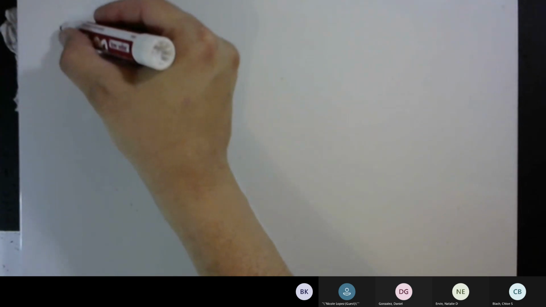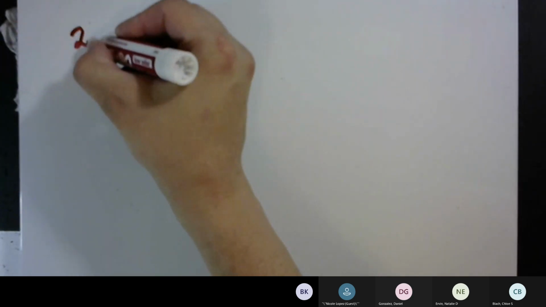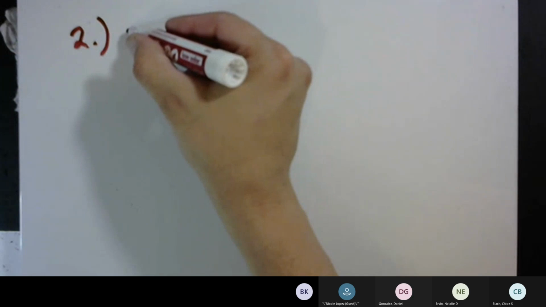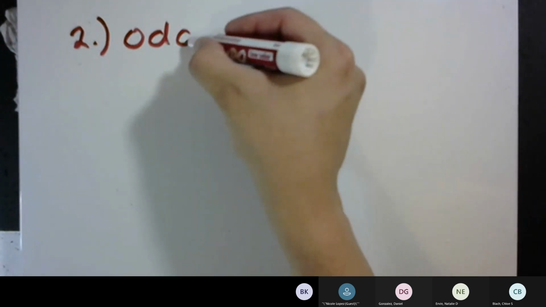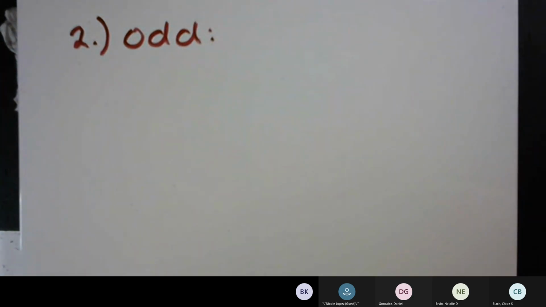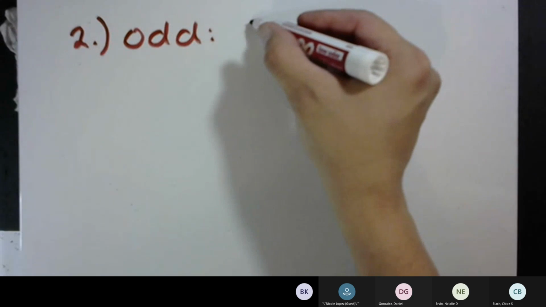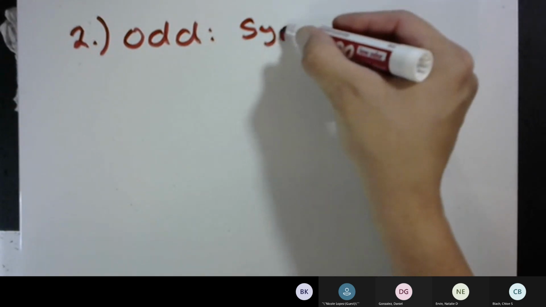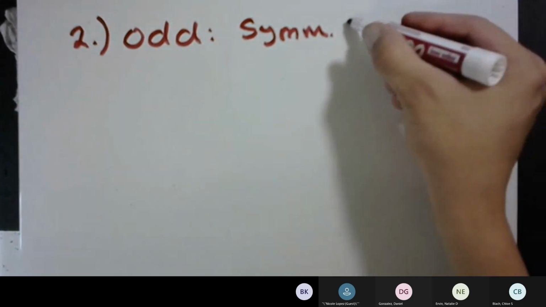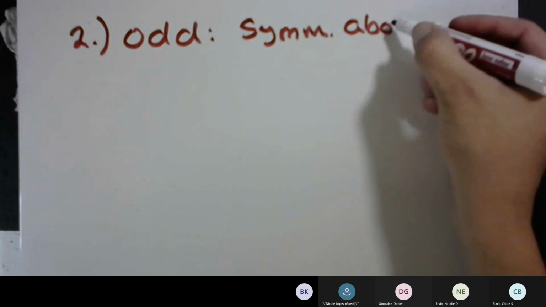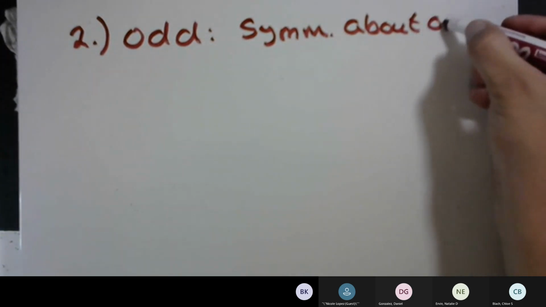So another thing is odd. Another form of symmetry is odd. And this is symmetric about the origin.